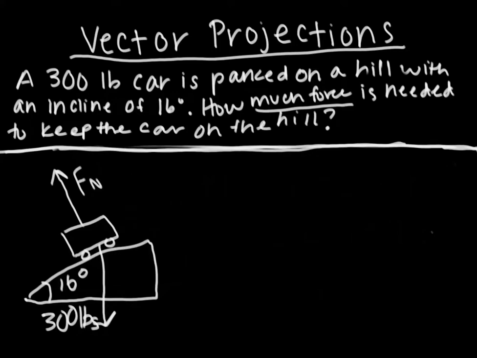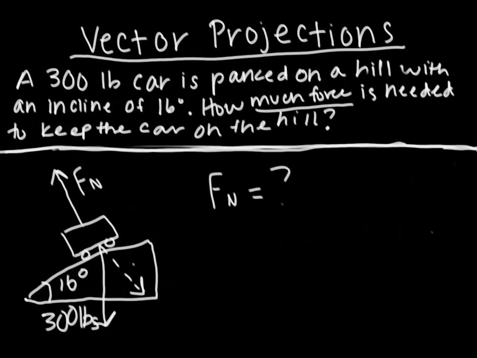So what you're going to have to try to find is how much force is needed to keep the car on the hill. So to find that, it's just the shadow of F of n on the road, which is this force. So to find this force, you're going to use SOHCAHTOA, because through Newton's third law, F of n is equal to this vector.